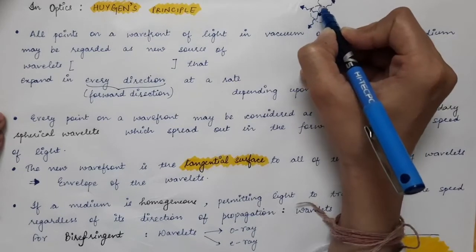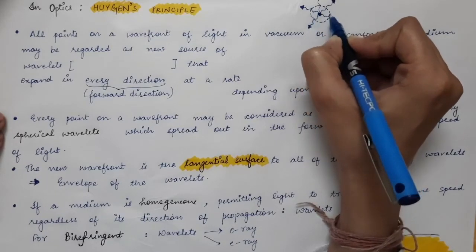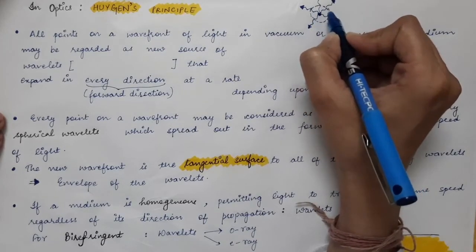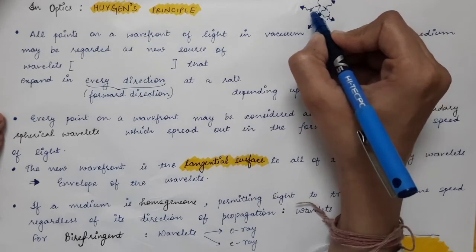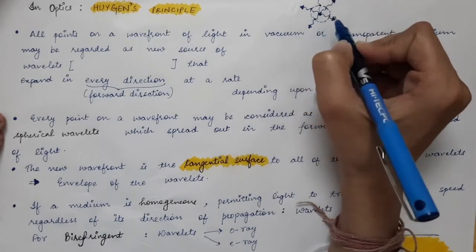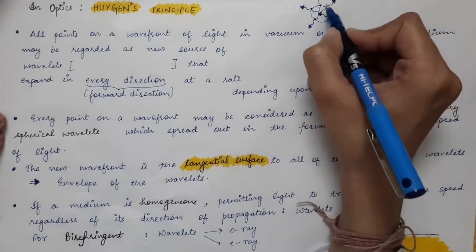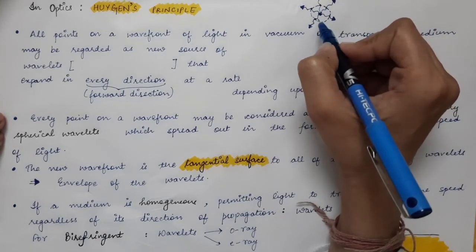At all these points on this imaginary surface, the light rays will have the same phase. This is called the wavefront.